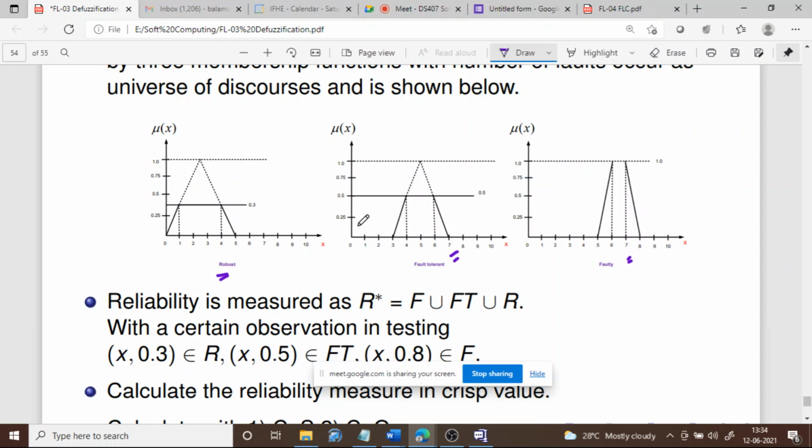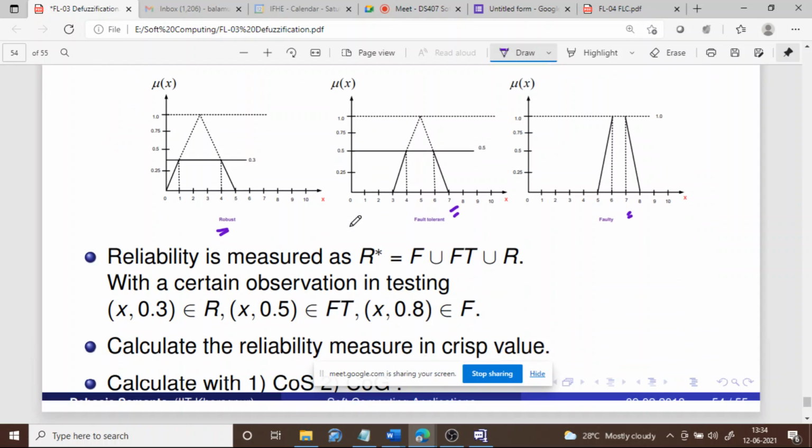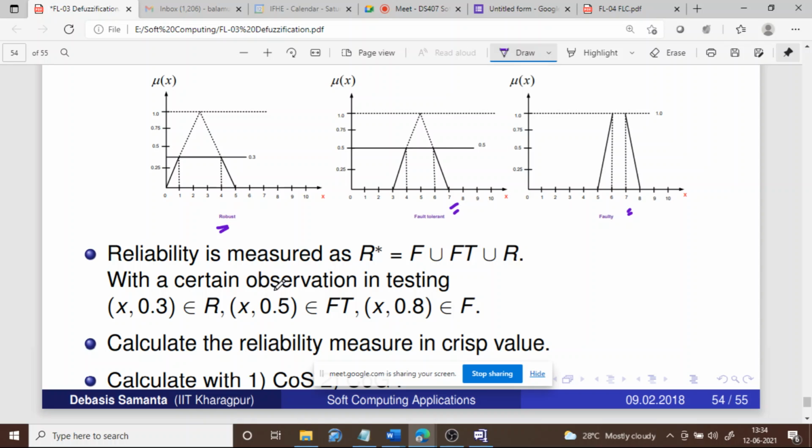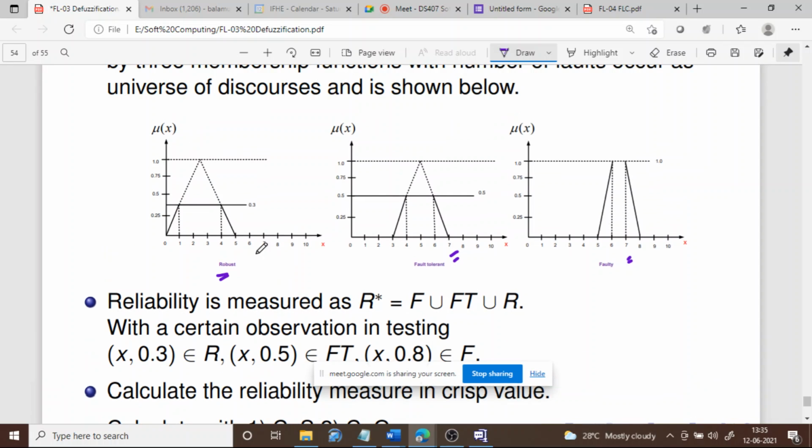And for all these membership functions, certain parameters were observed in testing. Okay, so these parameters were 0.3 for robust, 0.5 for fault tolerant and 1.0 for faulty. So you can see here already there is a line drawn over 0.3 in robust.